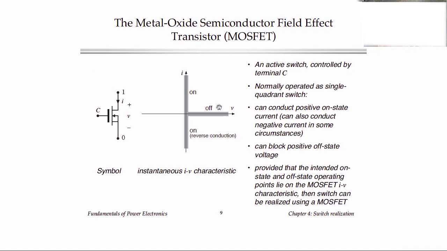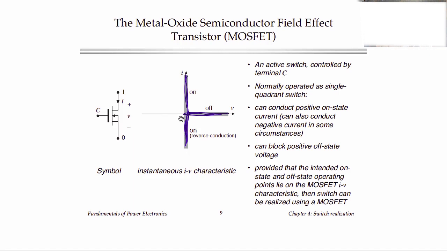The MOSFET is very similar. It's also a power transistor in wide use that has similar forward characteristics. So it can conduct positive current and block positive voltage. In addition, the power MOSFET channel is symmetric, and it can actually conduct reverse current as well.